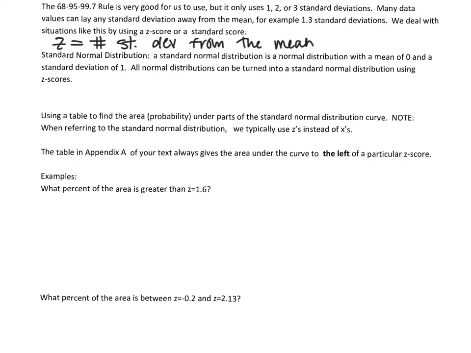So we want to know what percent of the area is greater than a z-score of 1.6. We have our mean of 0, and then we have a z-score of 1.6, which is above, and we want to know what area under the curve is above 1.6.